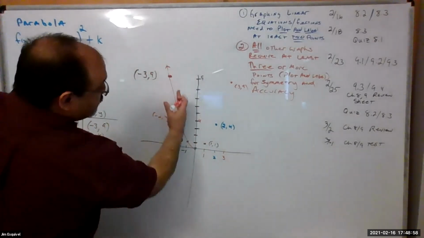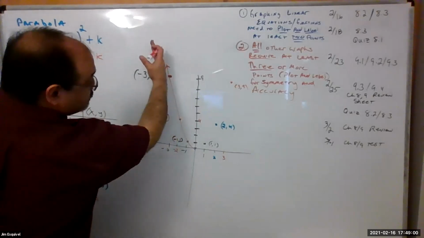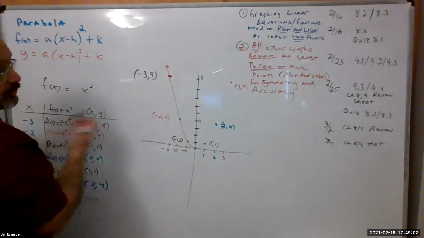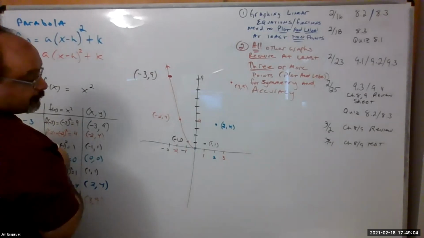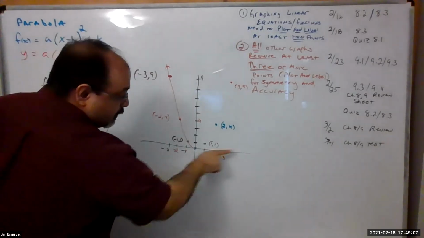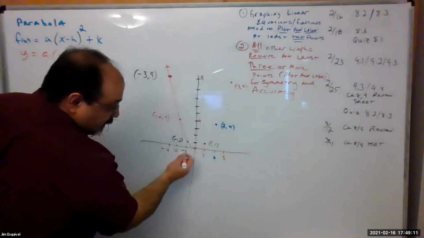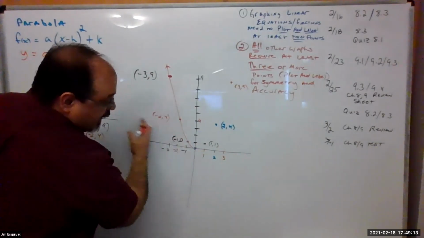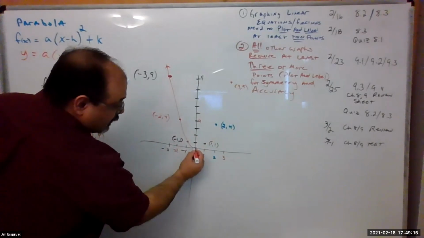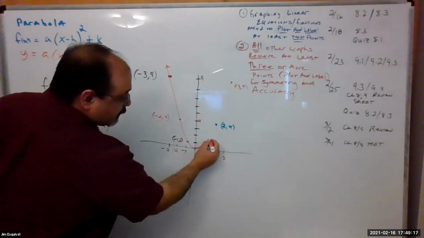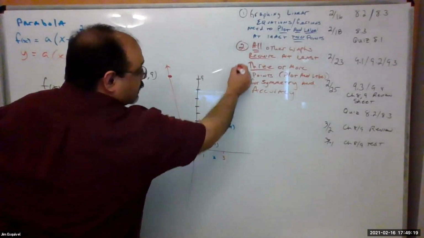So there's a little bit of a slant to the left. I'll point out what you shouldn't do in a minute. And as I continue to plug in numbers to the right, I basically draw one half to the left and one half to the right. And I draw this half this way.